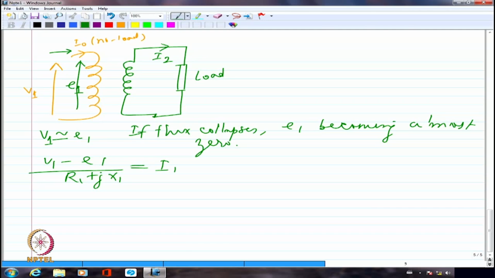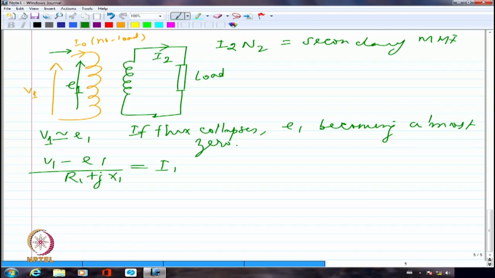The secondary ampere turn was I2 multiplied by N2. This is the secondary MMF. I1 is the current that has suddenly increased in the primary. I0 was the original current which established the flux when the transformer was not loaded.